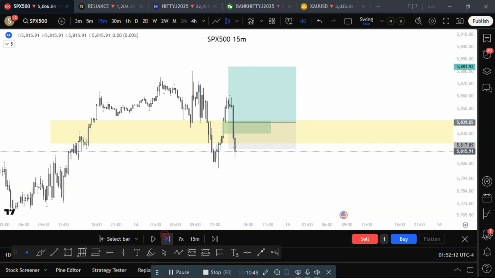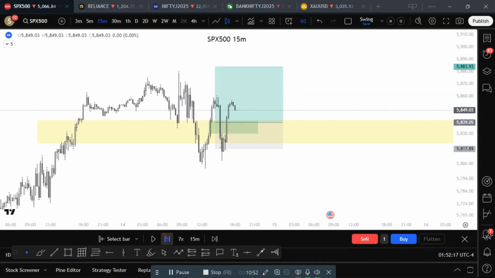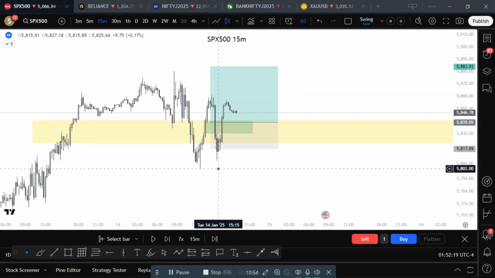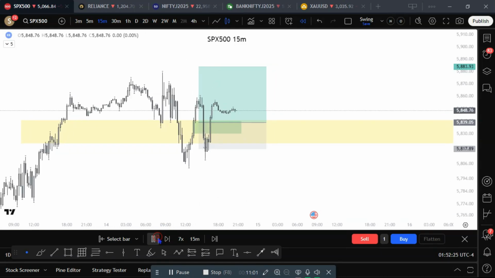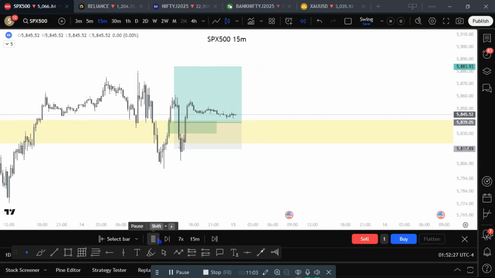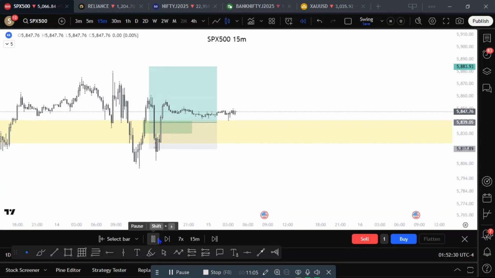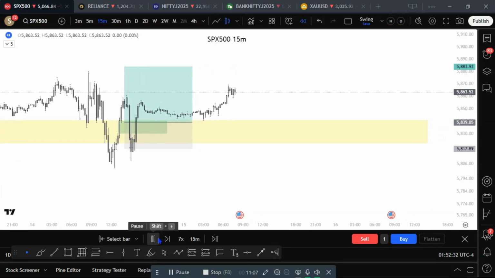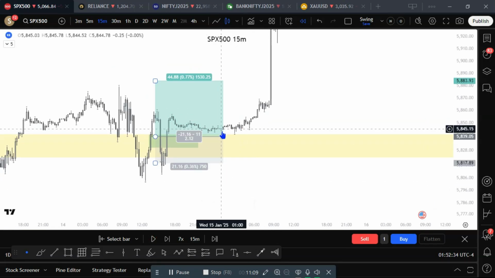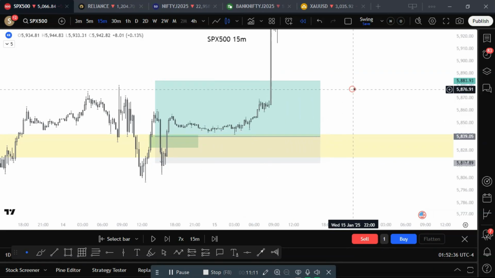Wait for the price, and in this case we got stopped out. This is because outside the time, it's 3 p.m. Let's see if the trade worked or not. And then the trade worked. So sometimes it happens, guys, during the outside window, but no worries.